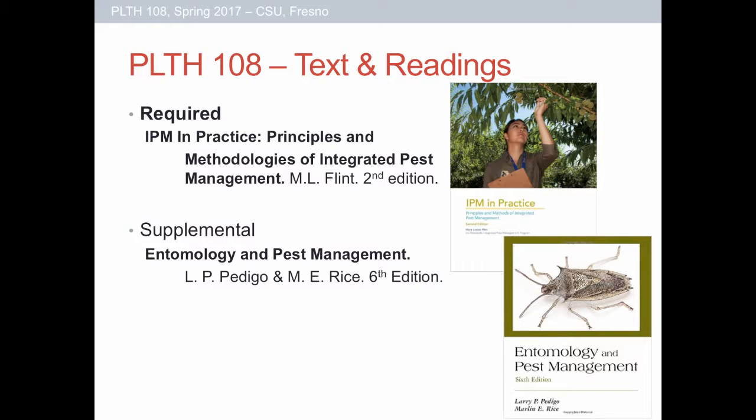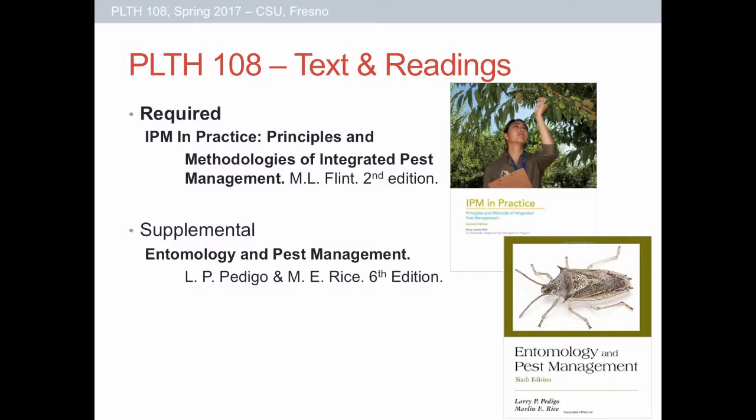When you take the IPM section of the test, they use all the definitions from this book. So if you're planning on taking the exam, you should purchase this book. Consequently, if you're taking this class, you should purchase this book. And it's only like $30. It's pretty reasonable. I checked at the bookstore, and they sell it for the same price the UC does, that $30 to $35 price point. I don't think you'll find it a whole lot cheaper anywhere else.